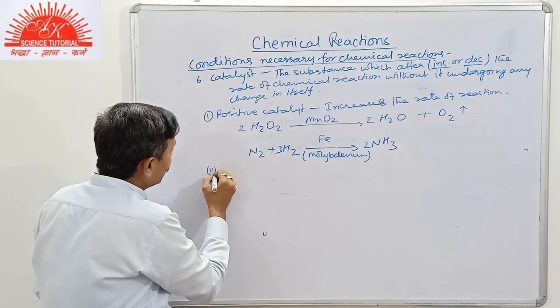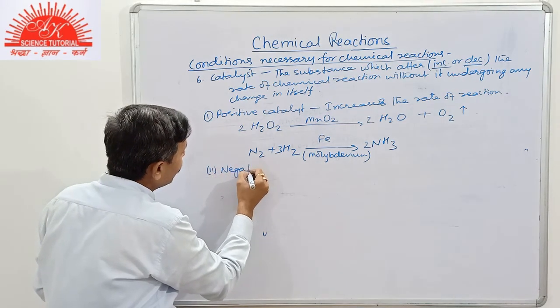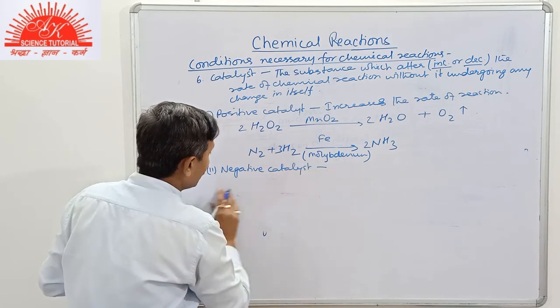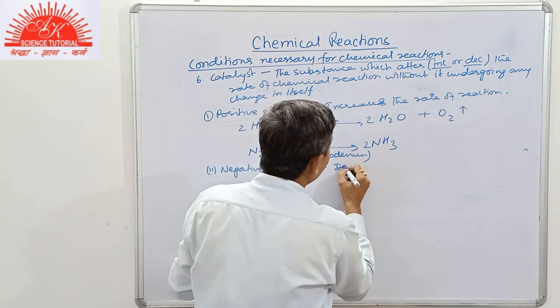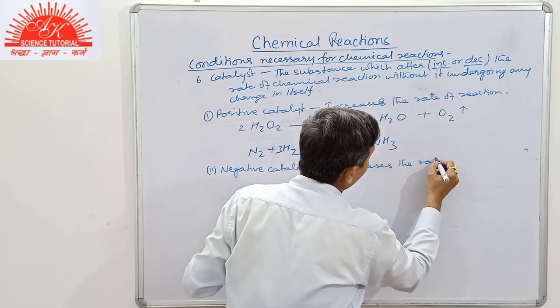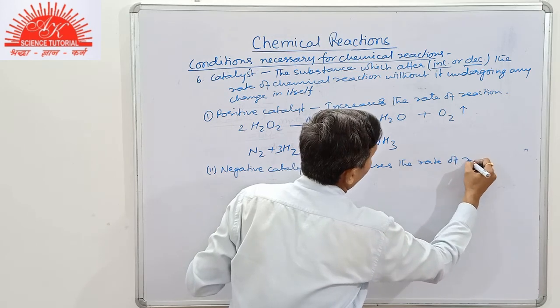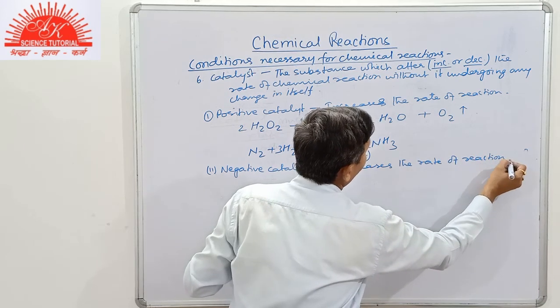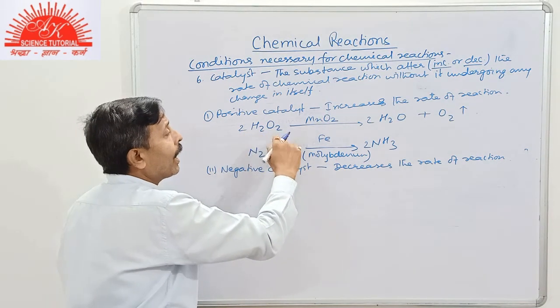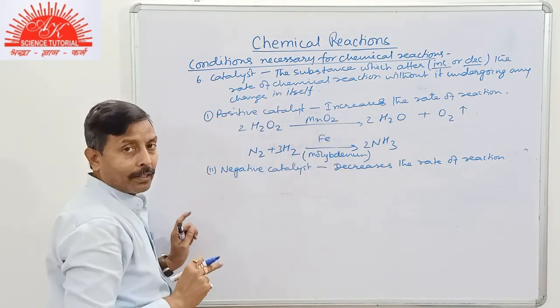But there is another one, the negative catalyst. As the name suggests, it decreases the rate of reaction. Like in this reaction, hydrogen peroxide is decomposed at a faster rate in the presence of MnO2.